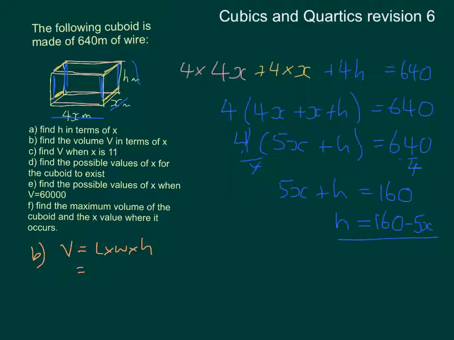In our question, it's equal to 4x multiplied by x multiplied by h, the height, which equals 4x squared times by h.